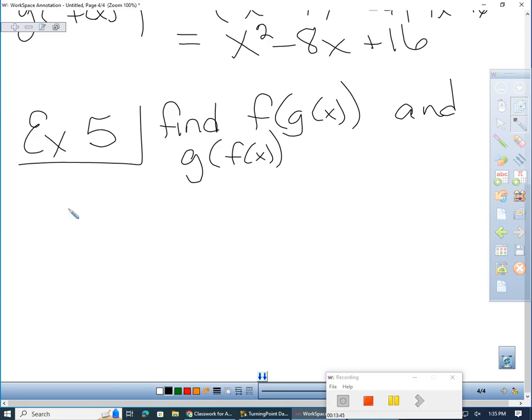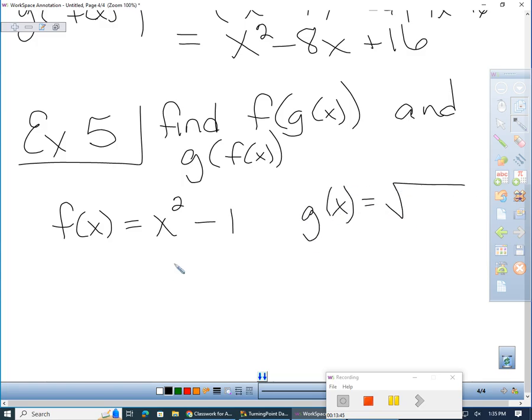And this time, let's say that our f of x equals x squared minus 1, and our g of x equals the square root of x plus 1.